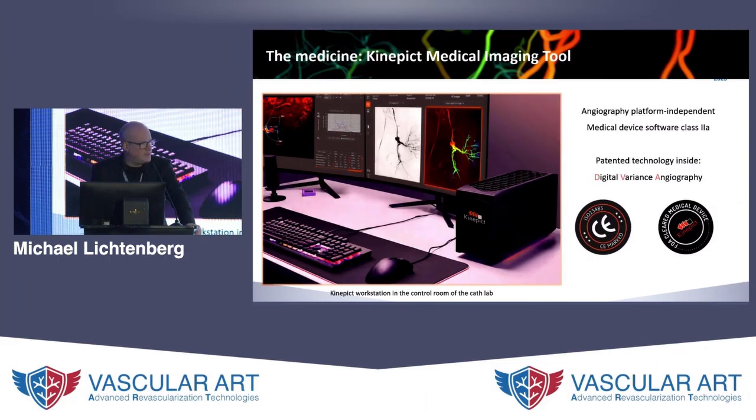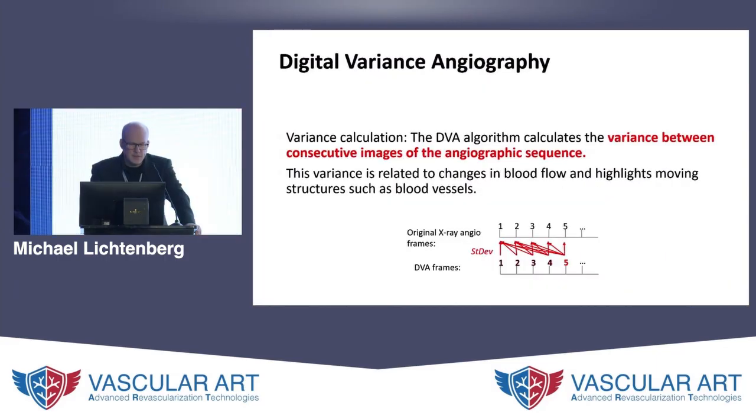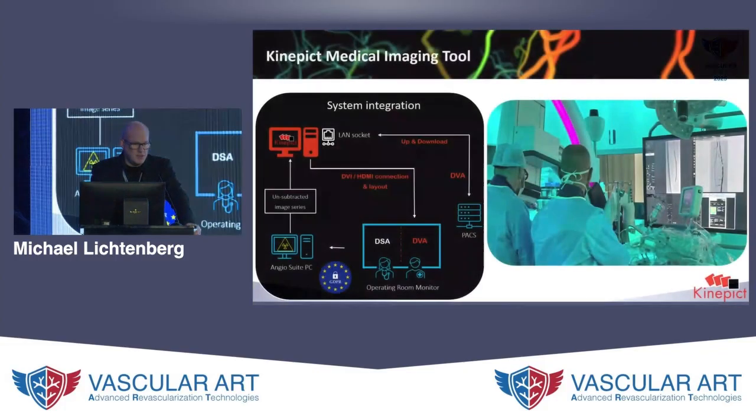It's fully CE and FDA approved, and it uses a DVA algorithm, which calculates the variance between the consecutive images of the angiographic sequence. So what you just need is a DSA, and with the algorithm, via an HDMI cable to the computer and back from the computer to the DSA monitor, you get a much better visualization, especially below the knee.